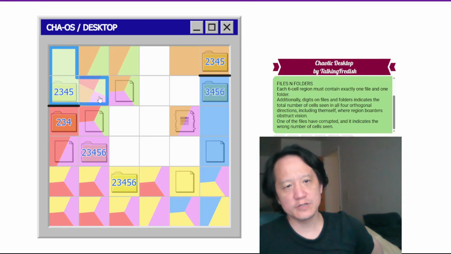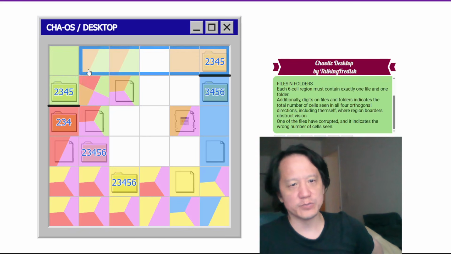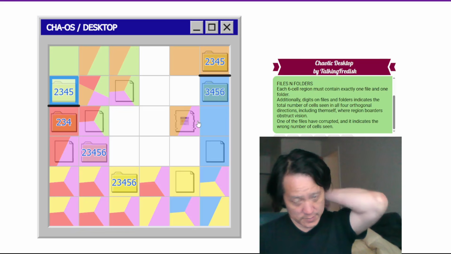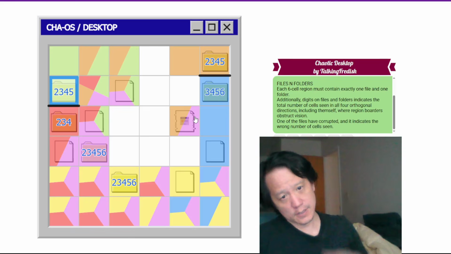Why couldn't this be 6? Because this would be too small of a region, and it doesn't have access to a file. Right.